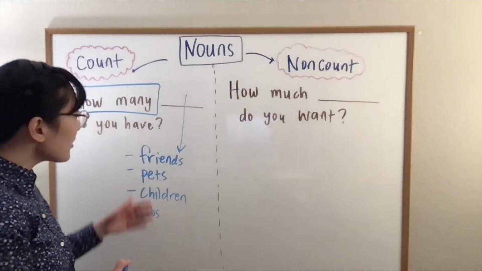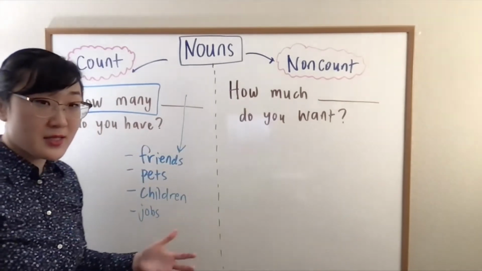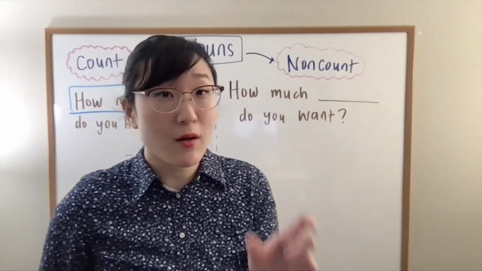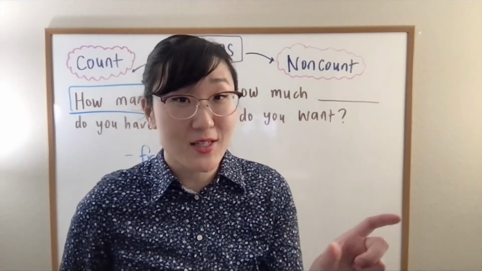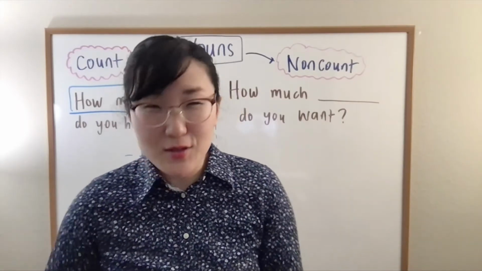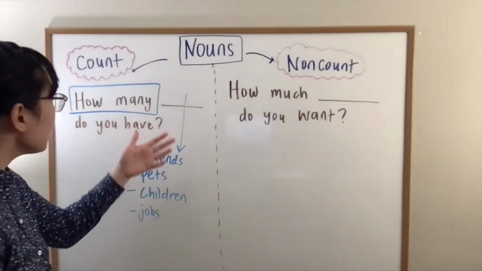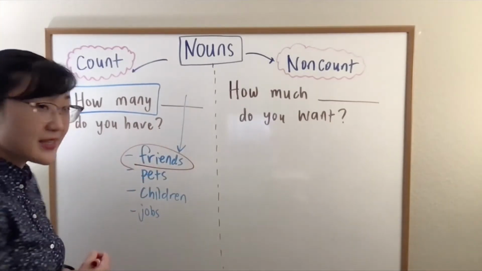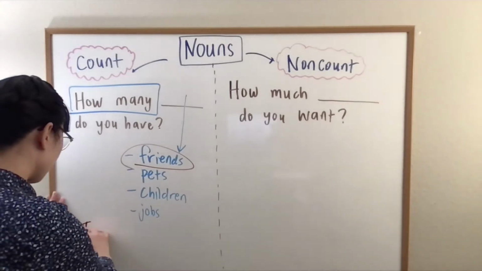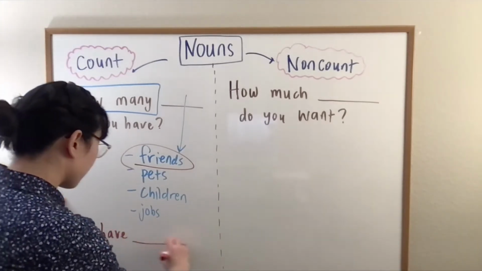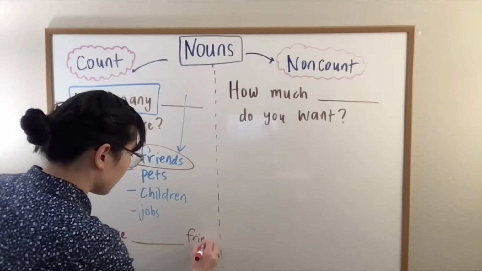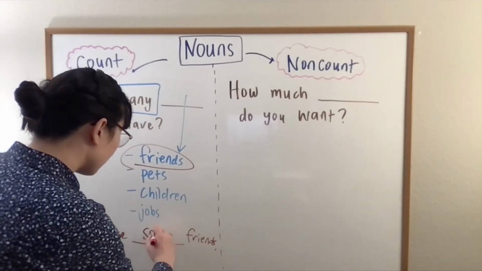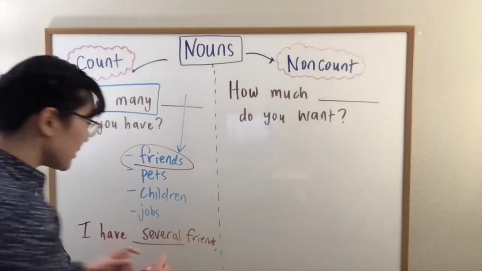So when we talk about these countable nouns, sometimes you can use these key phrases. They're called quantifying phrases to talk about these nouns. So if you say, how many friends do you have? I can say I have several friends, meaning a lot.